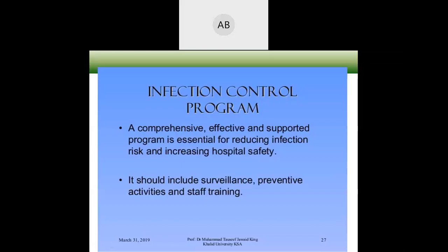The main principles of this program are hand hygiene, using personal protective equipment, environmental safety, respiratory hygiene and so on. It is a comprehensive, effective and supported program to reduce the infection risk and to increase hospital safety. It will include surveillance, preventive activities and staff training. We'll see what all comes under this infection control program.